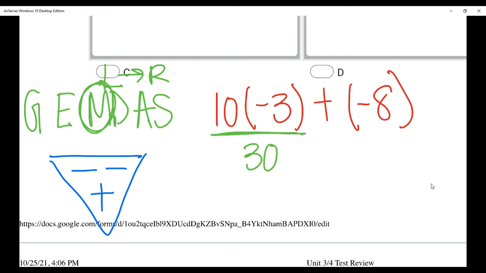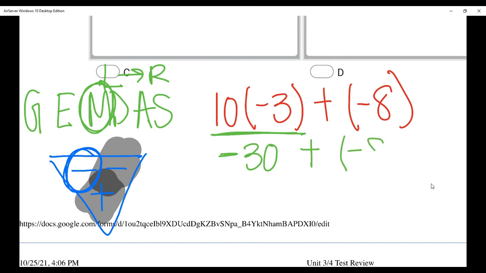So I had a positive and I had a negative. So my leftover piece is negative. So my final answer needs to be -30. Okay, and then I'm going to bring down plus -8.